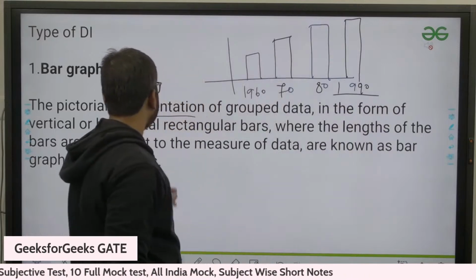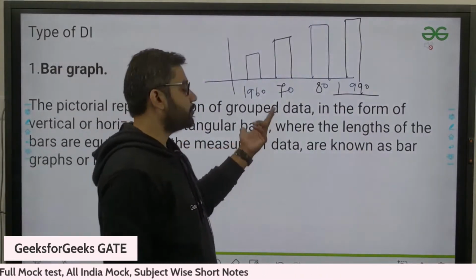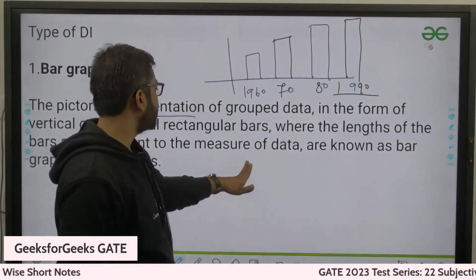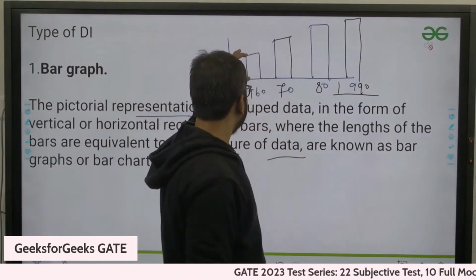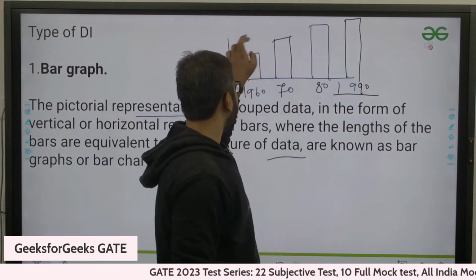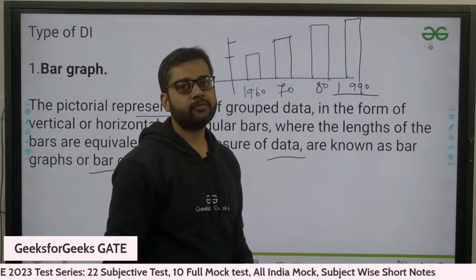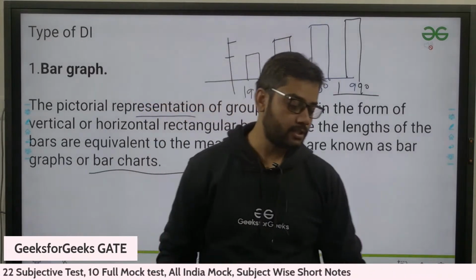So in horizontal or vertical rectangular bars, the length of the bar is equivalent to the measure of the data. This is known as a bar graph or bar chart. Whether they say bar graph or bar chart, both are the same.